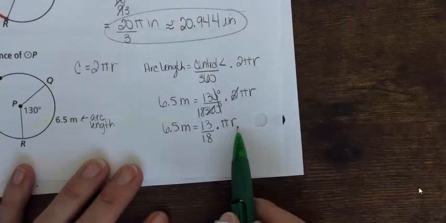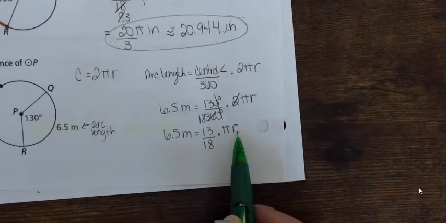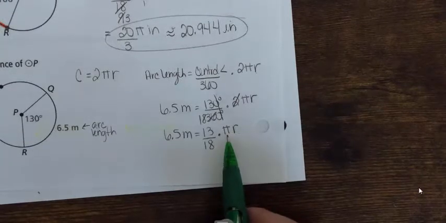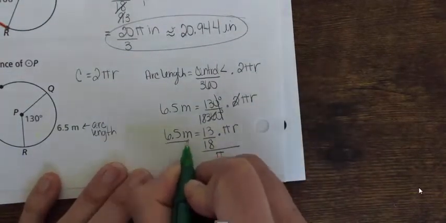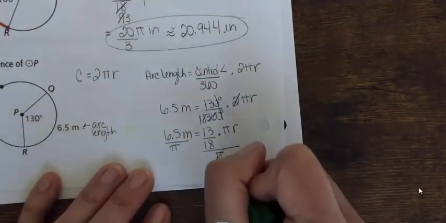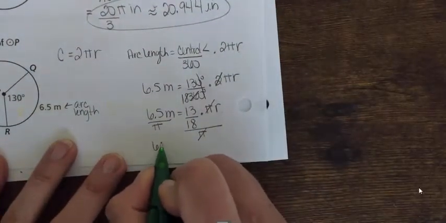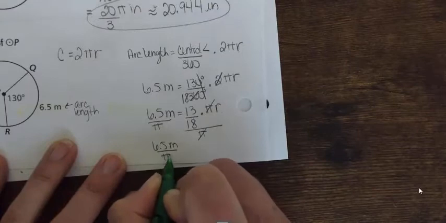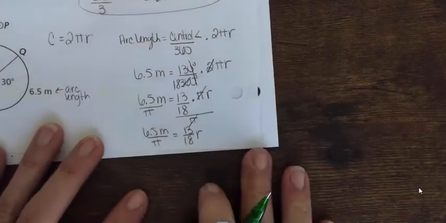Okay, I got to get r by itself. So let's see. R is being, first of all, multiplied by pi. So I can divide both sides by pi to get rid of pi. Okay, so now I'm left with 6.5 meters divided by pi equals 13 over 18 times the radius.